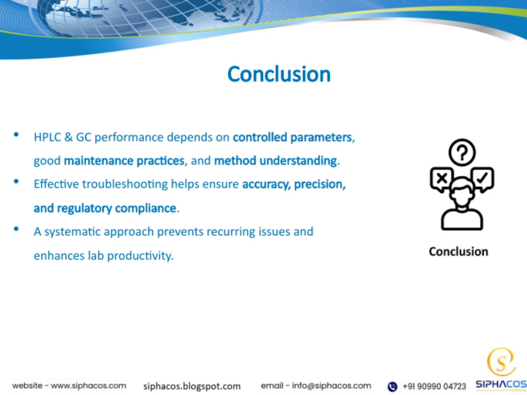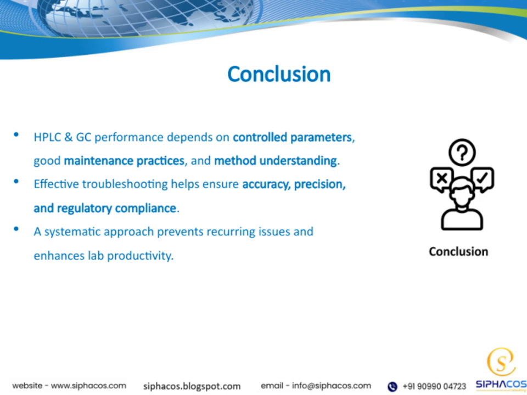As we've discussed, their effectiveness really depends on controlling key parameters, maintaining good practices, and understanding the methods thoroughly. When we troubleshoot effectively, we can ensure the results are accurate and precise, which is crucial for meeting regulatory standards. Having a systematic approach to troubleshooting helps us prevent recurring issues, saving time and resources, and ultimately boosting our lab productivity.